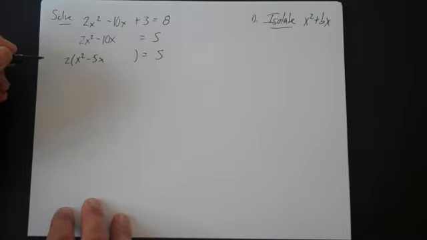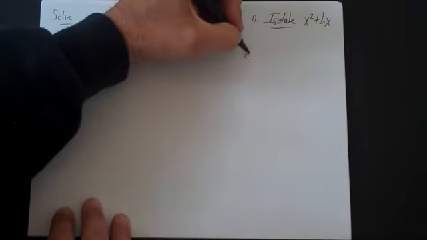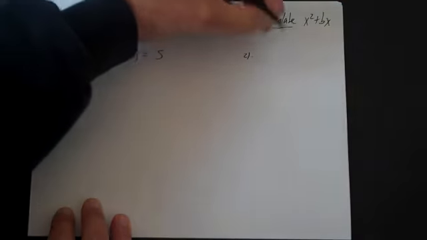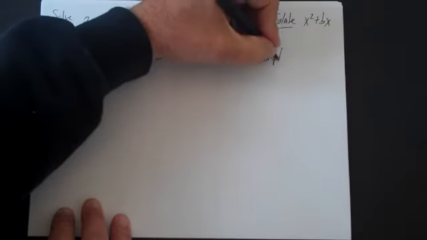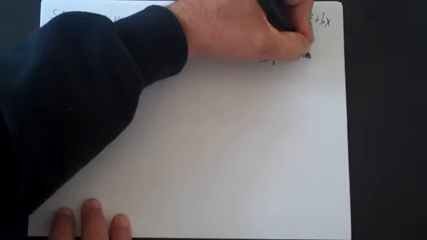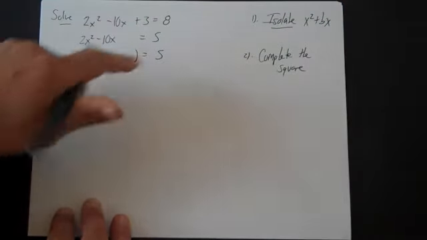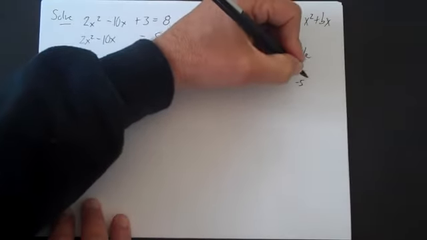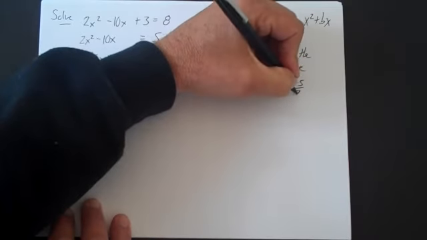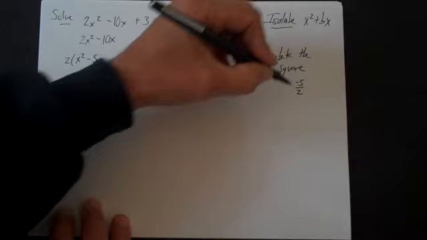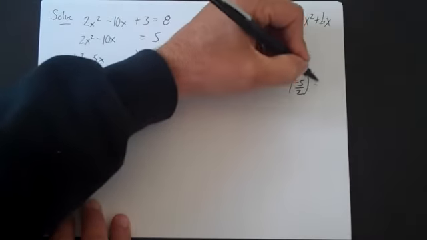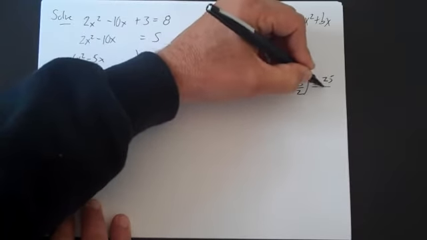And at this step, you're going to complete the square. The way that you complete the square is that you take b, which is equal to minus 5, and you're going to half it, or multiply by 1/2, so that's minus 5 halves. And then you're going to square that, so that's 25 over 4.